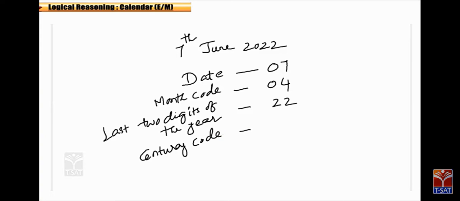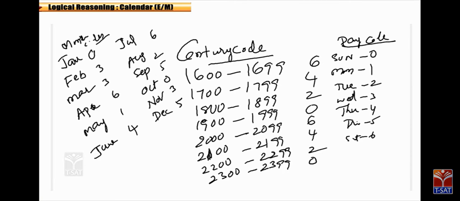So what is the century code? 2022. Now, we will check the century code. 2022 comes in which century here? 2000 to 2099. So for 2000 to 2099, what is its century code? 6, correct? Okay. So we have to add 6 to it.